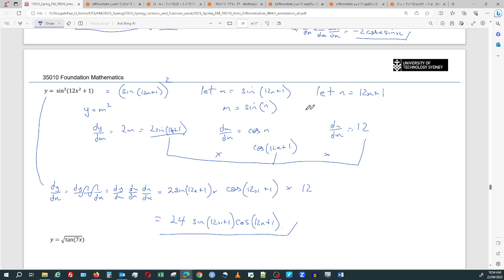Let's see. 12x is 12. Sine n, differential sign is cos. So, that's an equal sign. Cos 12x plus 1. And this was sine. M was sine 12x, so that's 2 lots of that. So 24 sine x.